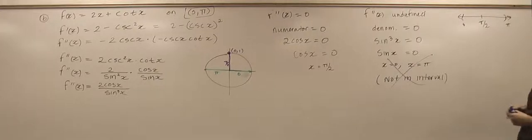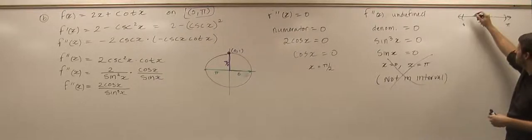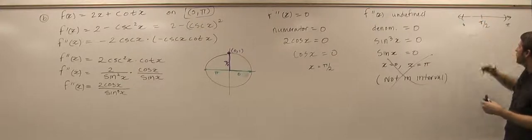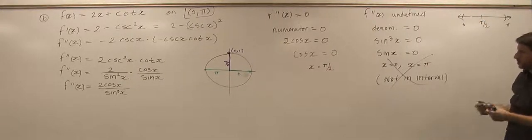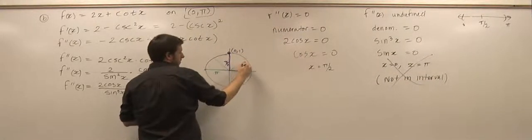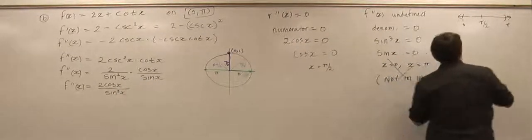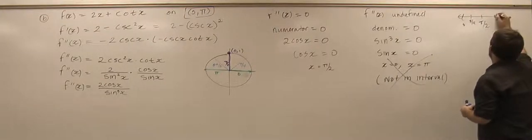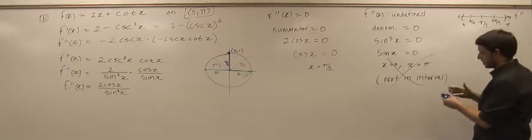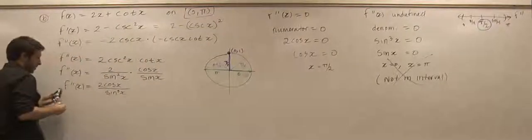So what are we going to test? I guess it doesn't really matter. I would probably do pi over 4 and 3 pi over 4, but anything in between works. All right, so let's do pi over 4 and 3 pi over 4. These go into the second derivative. The second derivative is right here.